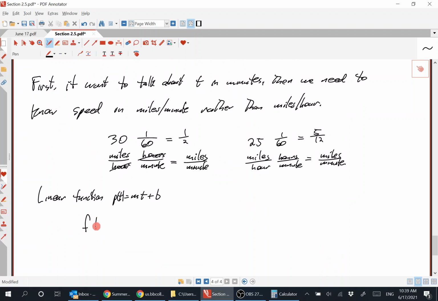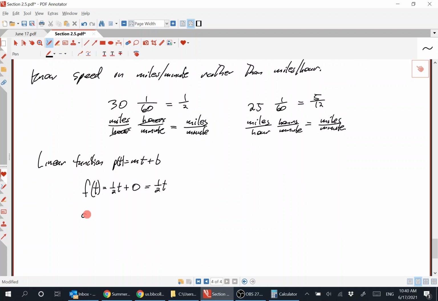So Fran's distance function is equal to half a mile a minute for t minutes plus her initial condition, which is 0. So Fran's function is just 1/2 t.